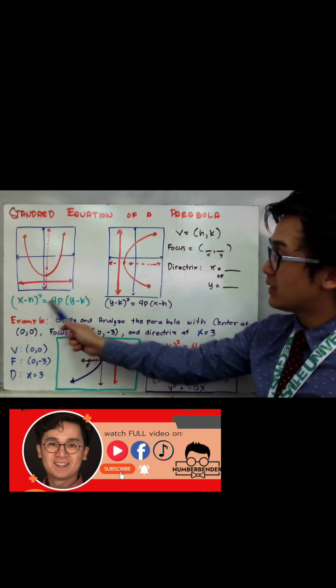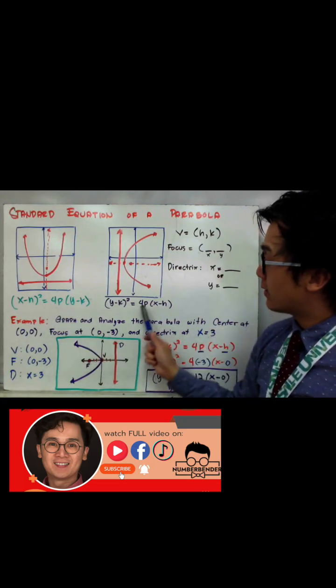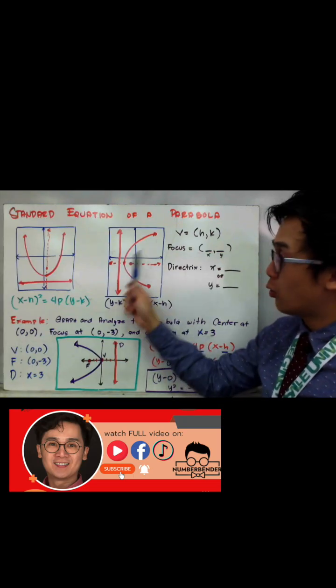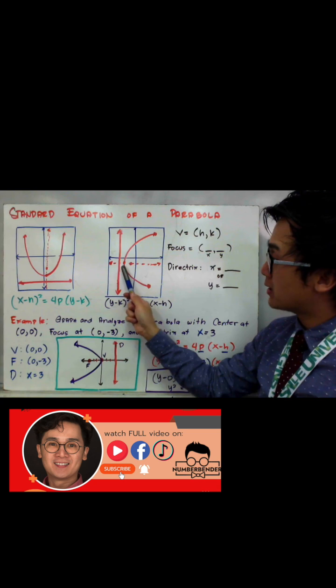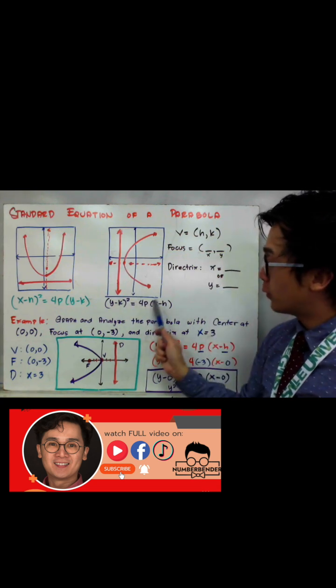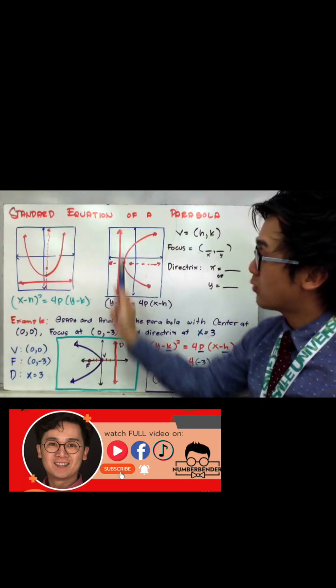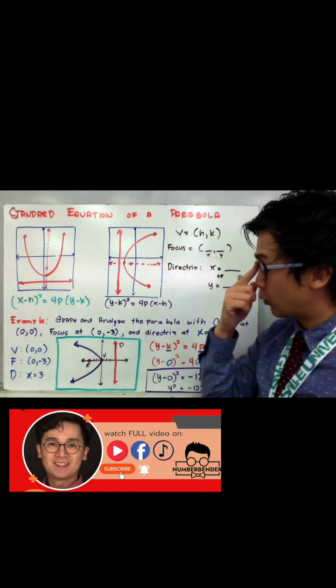And just like this set of formula, the p value is going to change its sign whenever the parabola is opening to the right or to the left. So when the parabola is opening to the right side, your p-value is positive, and when it's opening to the left side, your p-value will be negative.